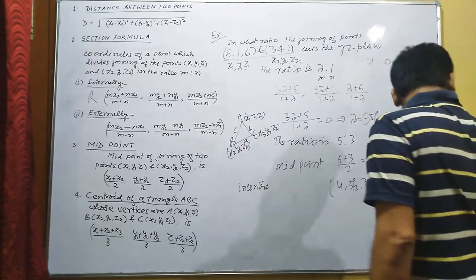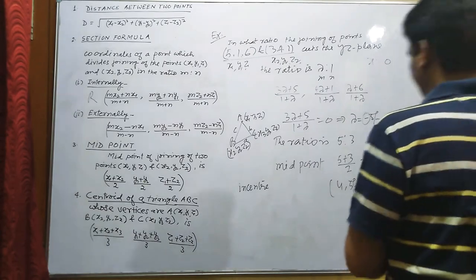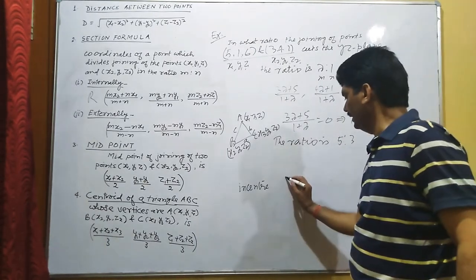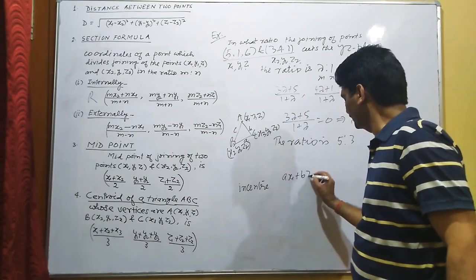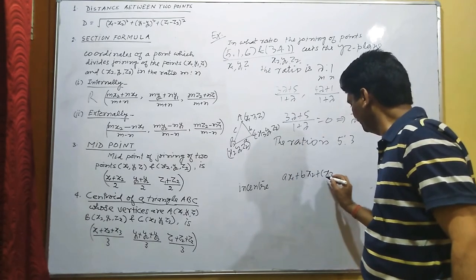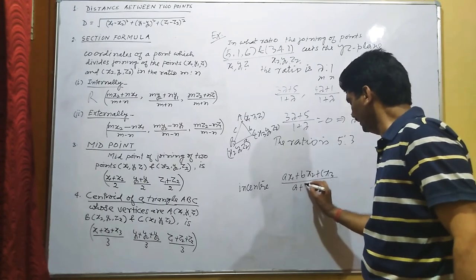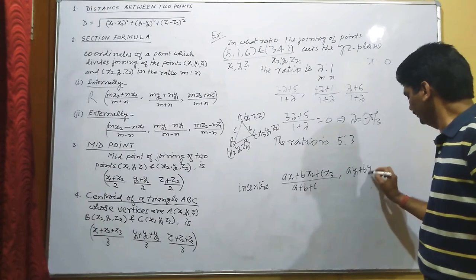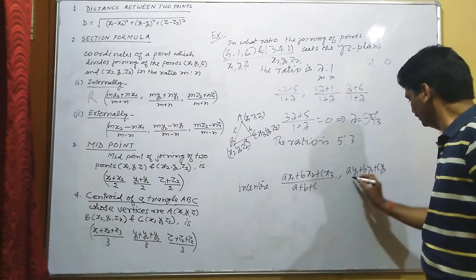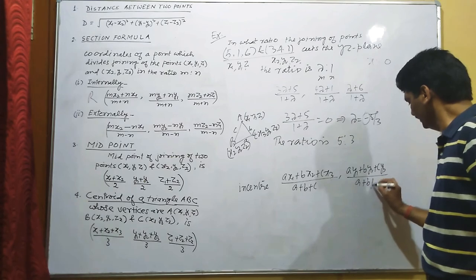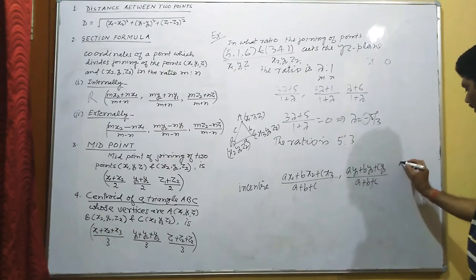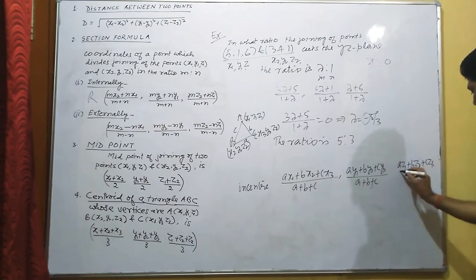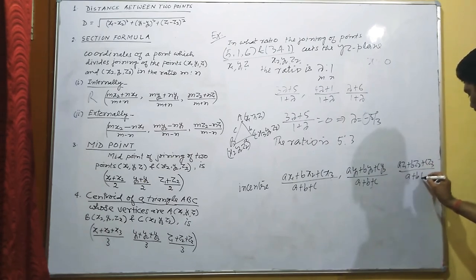Then the incenter is (a x1 plus b x2 plus c x3) upon (a plus b plus c), (a y1 plus b y2 plus c y3) upon (a plus b plus c), and (a z1 plus b z2 plus c z3) upon (a plus b plus c).